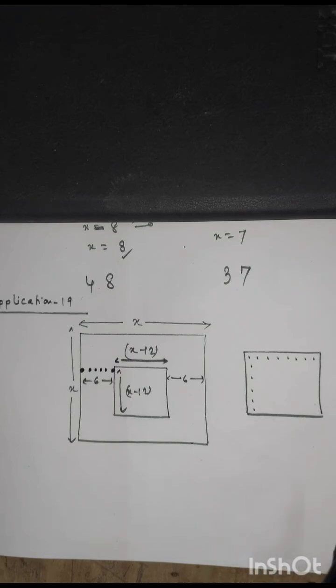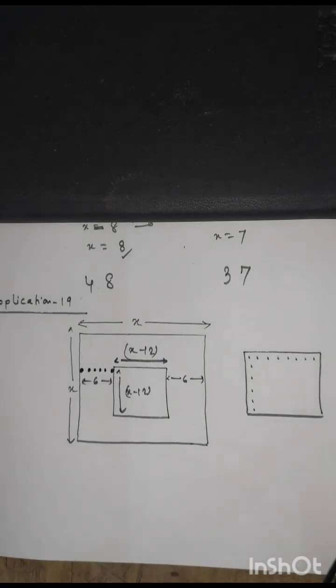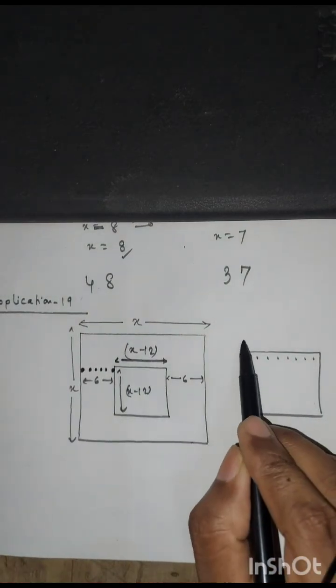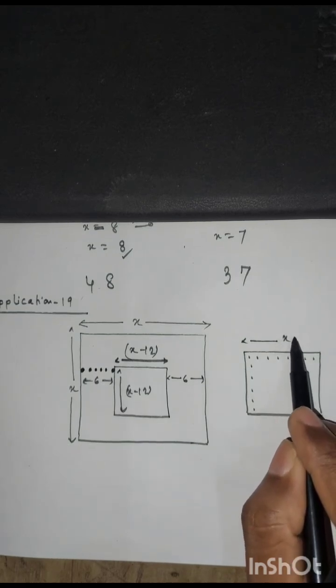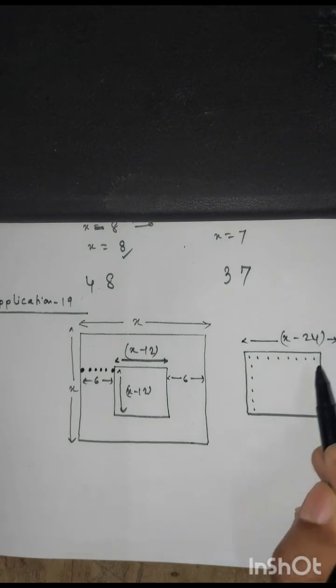So if the students were standing in a solid square, the number of students in the front line would be 24 less than before.